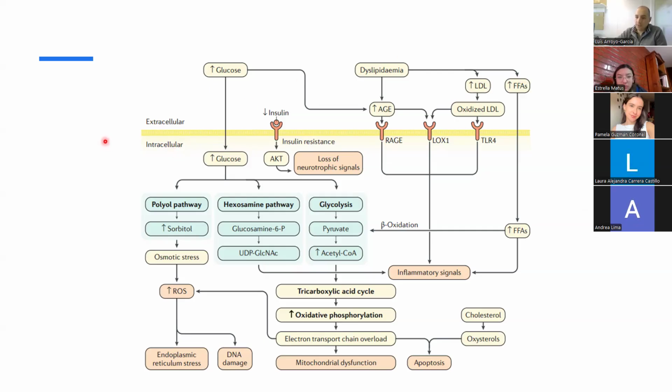What you have to understand is that the glucose goes inside of the cell, and then here we have inflammatory signals that will generate 2 things: the polyol pathway that I'm talking about, that will generate more sorbitol, osmotic stress, and then the release of ROS. What is ROS?